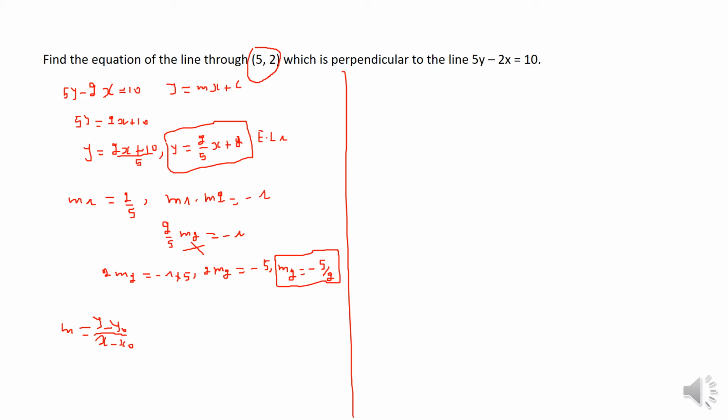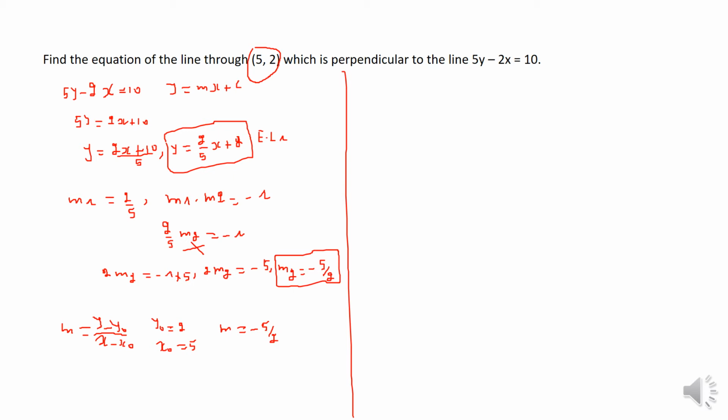Here y0 is equal to 2, x0 is equal to 5, and m is equal to -5/2. Based on this data, you can find the equation of the line.